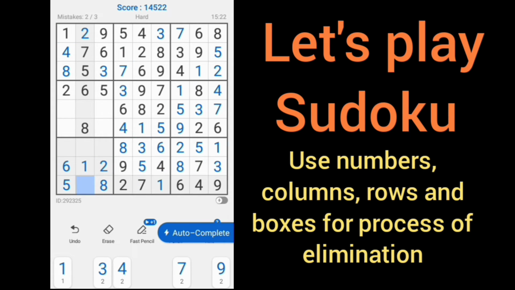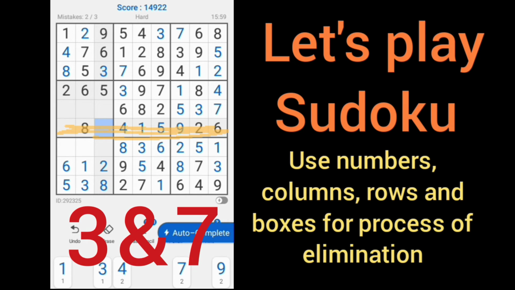And then this one should be 1, 2, 3, right? Okay. These two boxes here. Going across, it's going to be 1, 2. We're missing a 3 and a 7. So there's a 3 right here. So that means this has to be a 7. And this has to be a 3.